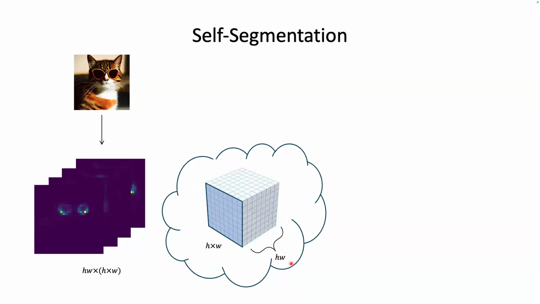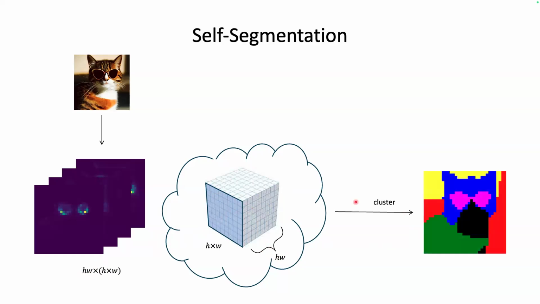So for each of the pixels we have an h times w feature vector. A very simple operation that we can apply here is clustering. For each pixel we have a feature vector, so we can just cluster these features. And as you can see, we get quite nice segmentation basically for free. The model was not trained for segmentation, and clustering features is a very simple thing to do.